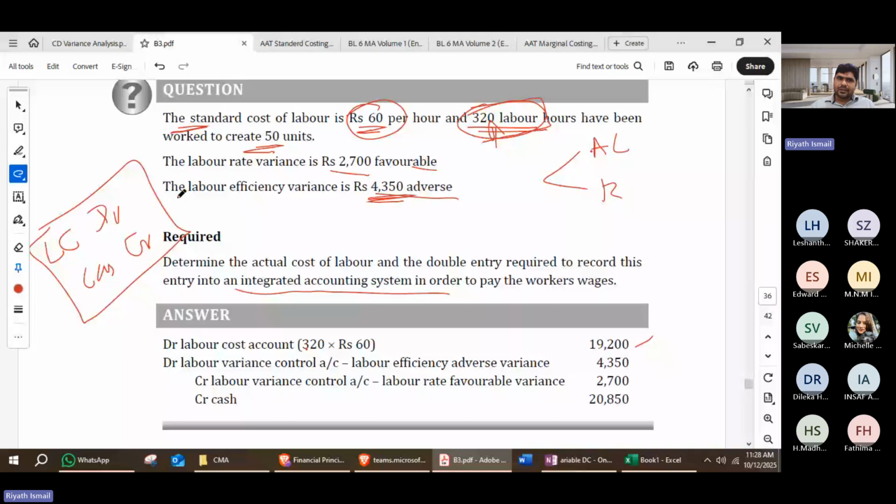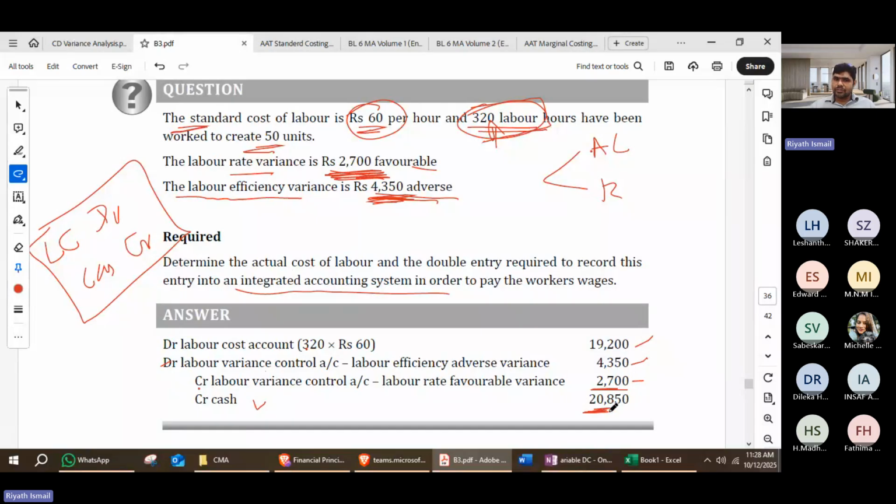Any adverse variance is debited. The labor efficiency variance is adverse, so debit the labor variance control account 4,350. And the labor rate variance is favorable, so credit the labor variance control account. And how much cash is paid? 20,850.